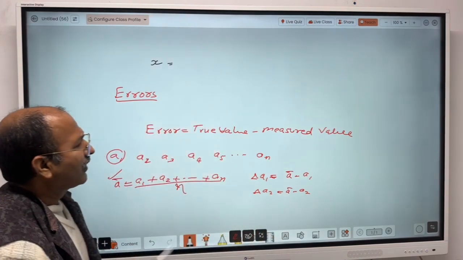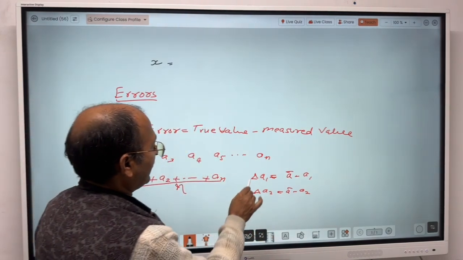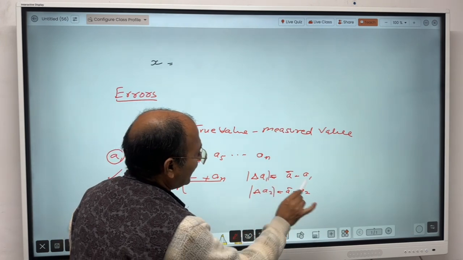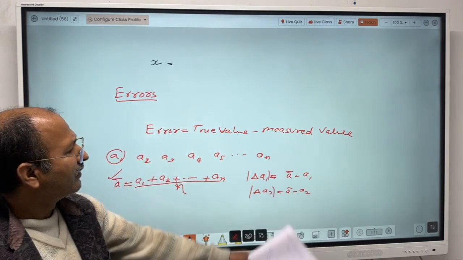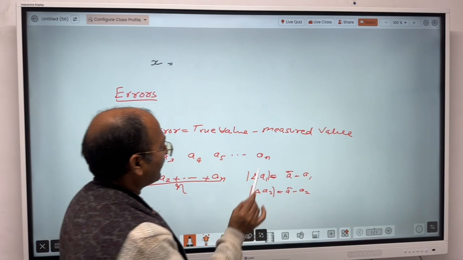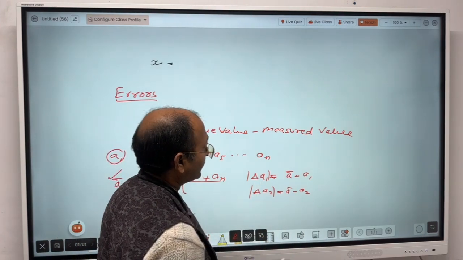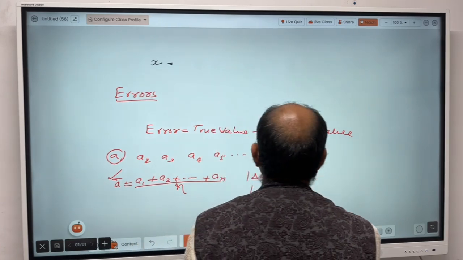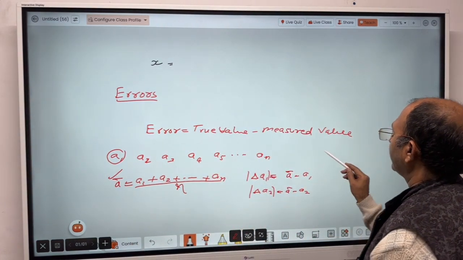But keep in mind, for doing calculations, we always take the modulus value, because we have to get the average of these values without the negative sign.